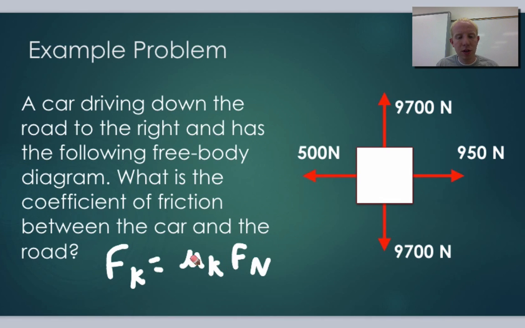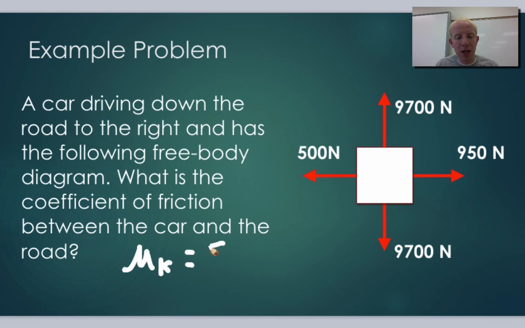Let me just rewrite this. So that's going to give us that mu sub k equals F sub k over F sub n. So we have F sub k, we have F sub n, so we can calculate this right now. Notice that the problem gave us the applied force, but we don't really need it.